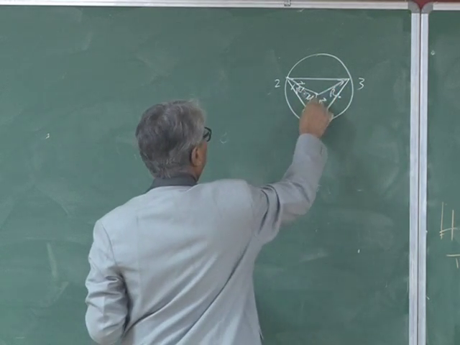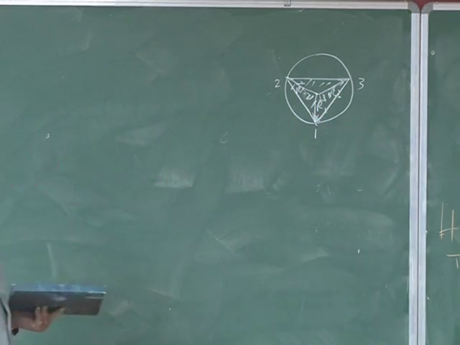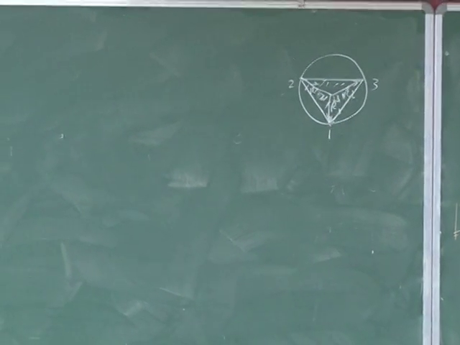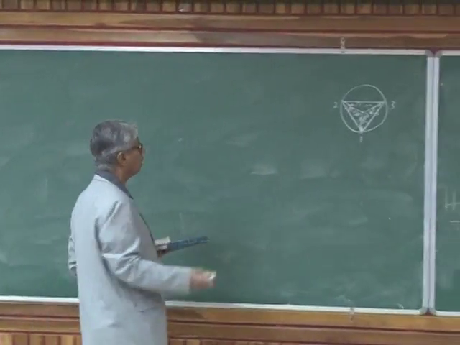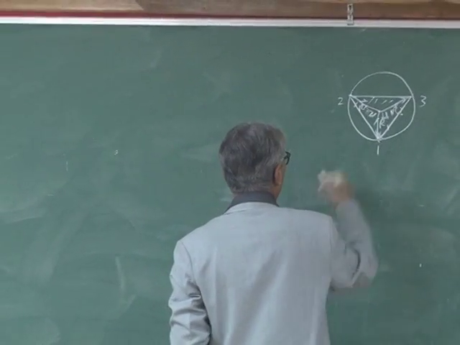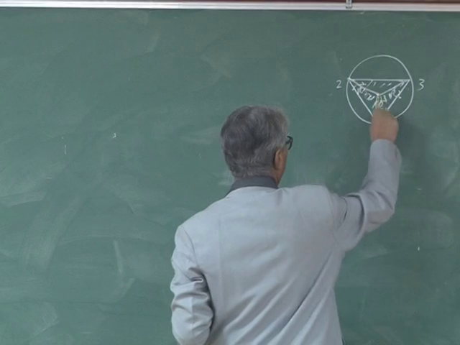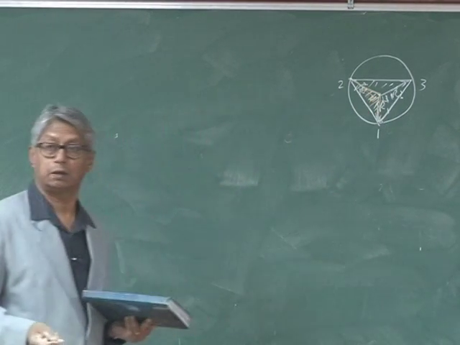So you have three isosceles triangles comprising this one single equilateral triangle. Between sites 1 and 2, we are worried about this triangle, and calculate the flux through that triangle.